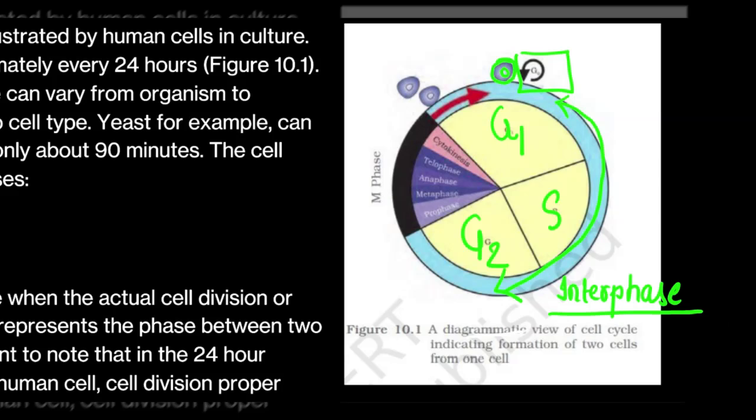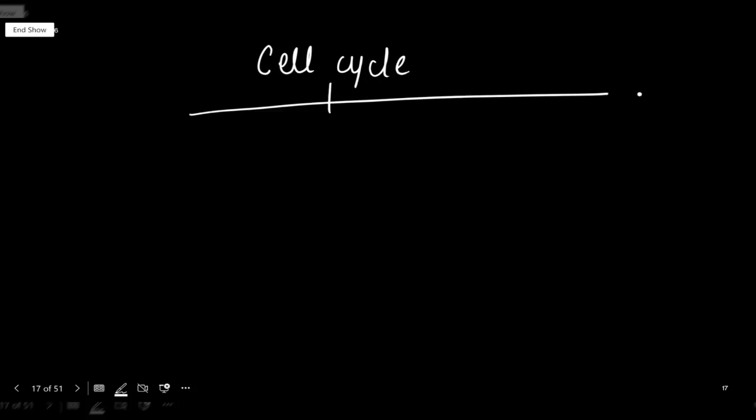So this interphase is further divided into three phases: G1 or gap 1 phase, S phase or synthesis phase, and G2 phase or gap 2 phase. Then the second part is the M phase. What I am trying to tell you is that the cell cycle is divided into two phases.